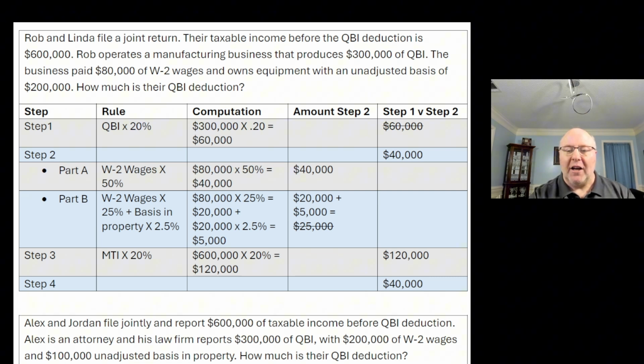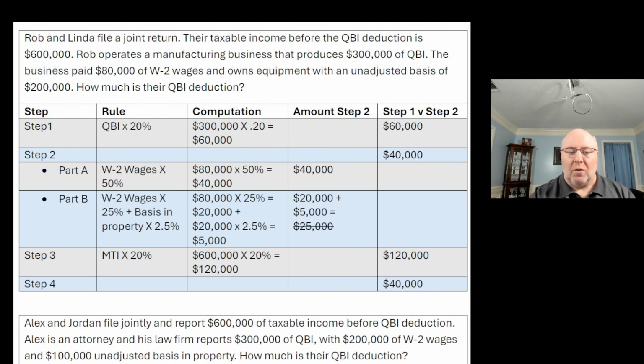We will take all $40,000 in this situation. If we wanted to take it a step further and ask what our taxable income is after the QBI deduction, modified taxable income was $600,000 minus our $40,000 QBI deduction. We'd have $560,000 as our taxable income.